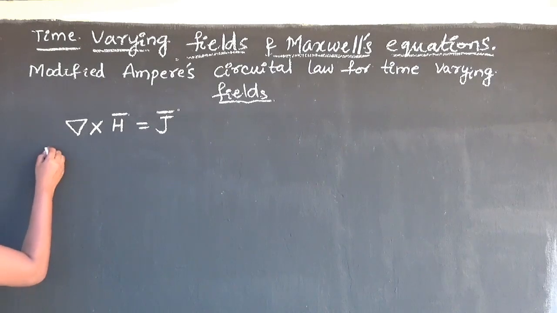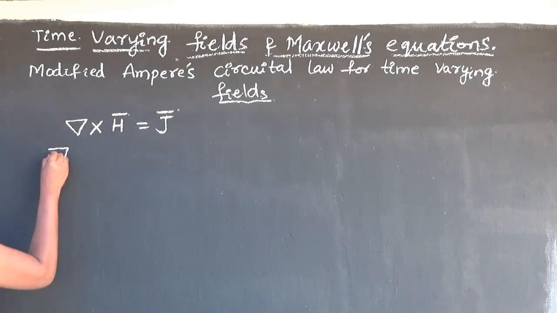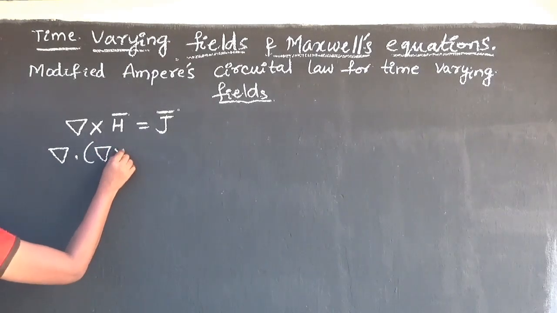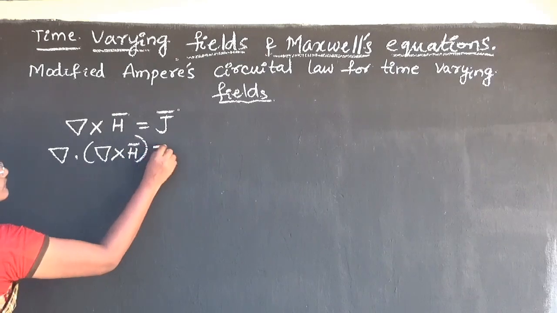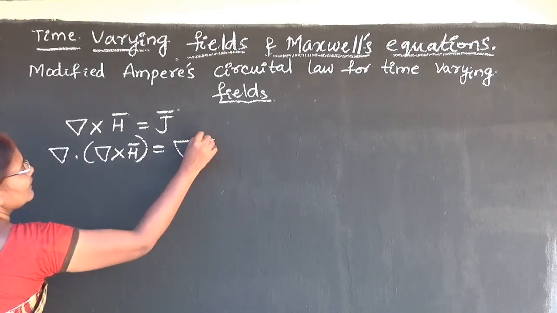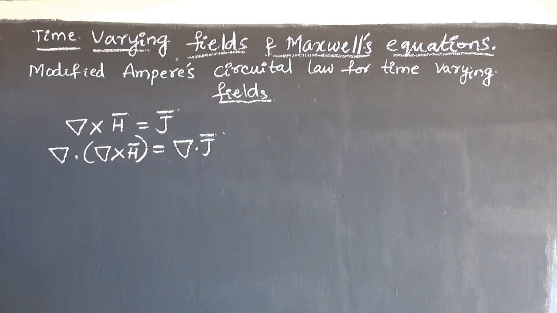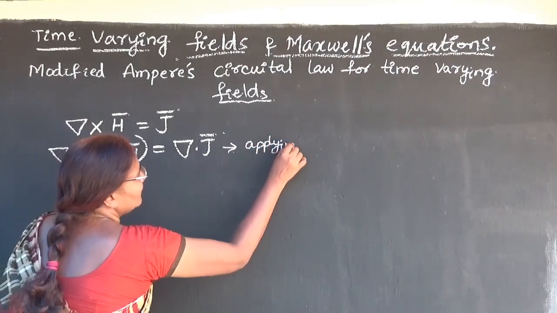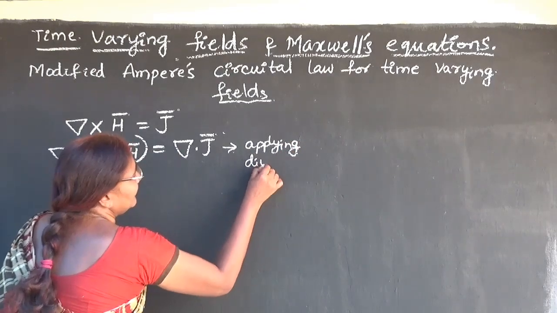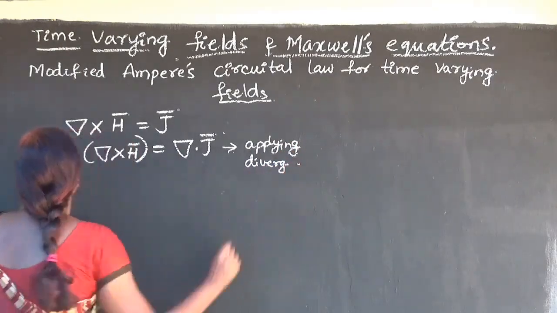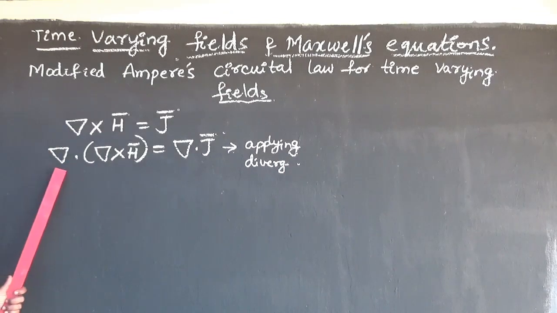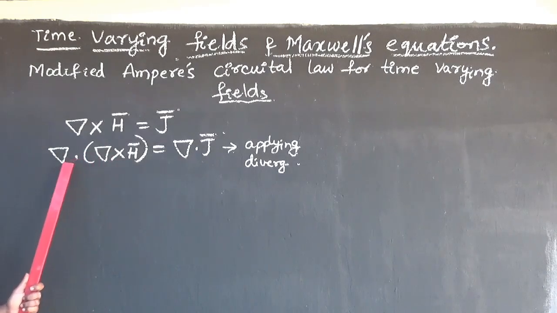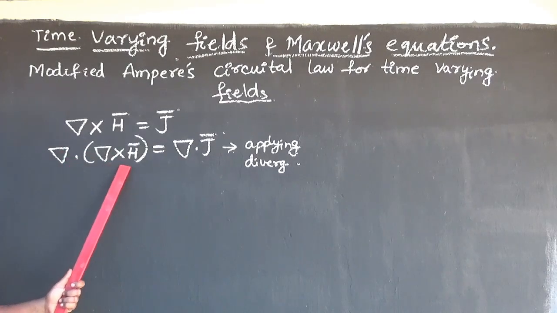So if you apply a divergence to it, applying divergence will give del dot del cross H bar equals del dot J bar. We have to remember one property of vectors: the divergence of a curl is going to be 0.